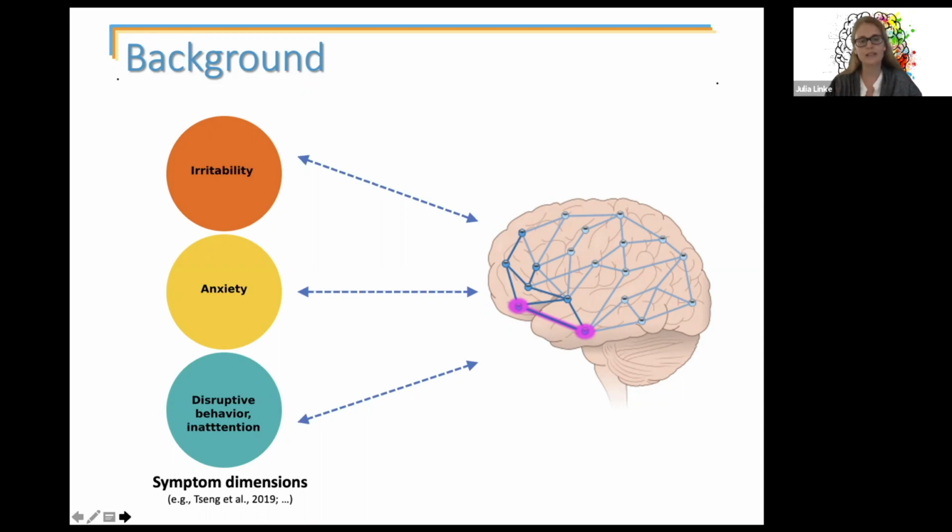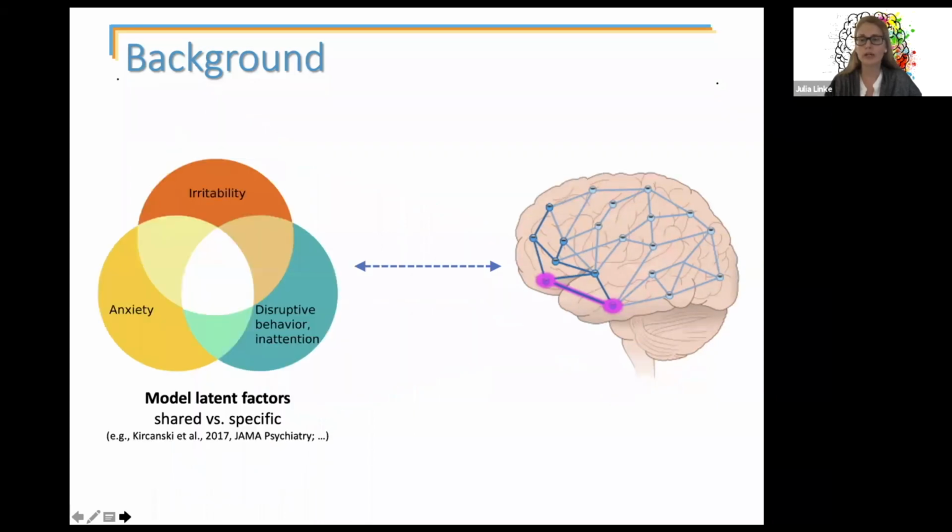And while these symptom dimensions are distinct, they are also moderately correlated. So one question is, how can we parse the neuromechanisms that are shared between these symptom dimensions or unique to one of these symptom dimensions? And here, latent variable approaches might come into play.